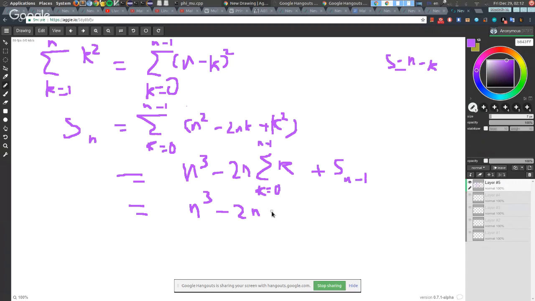Here we substitute with the formula that we have, minus 1, and divide by 2. So here we end up with the equation that we had before. So I actually still didn't write anything new here.